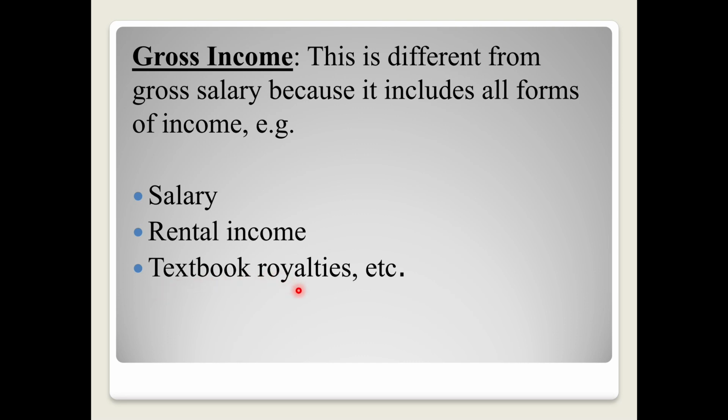Textbook royalties is money that you earn when they sell your textbooks. That is an income for you. Rental income, salary. So there's a difference between gross income and gross salary.